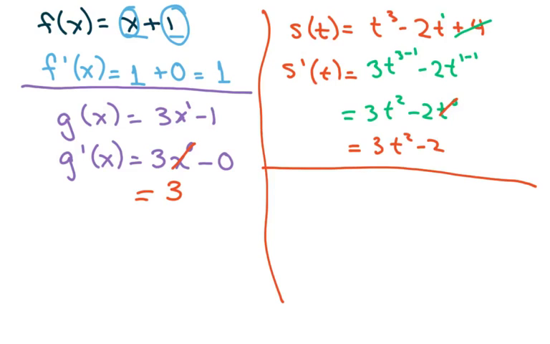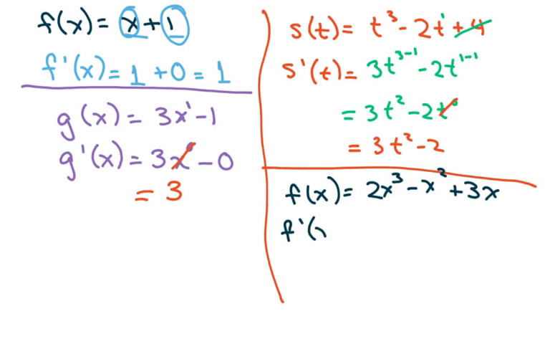And I'm only going to do one more. The next one's going to be f of x equals 2x cubed minus x squared plus 3x. So we take the derivative, you're going to bring the 3 down in front and multiply it by 2.